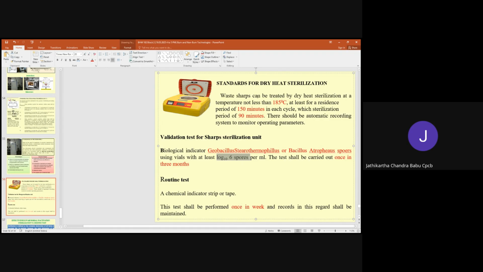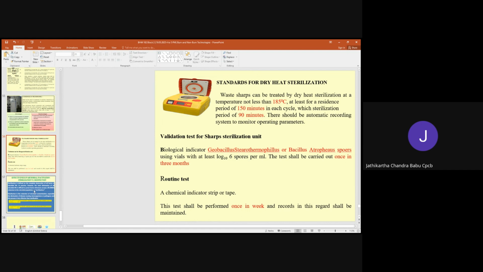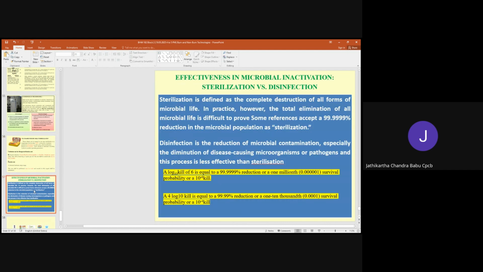Dry heat sterilization can be used only for treatment of certain waste like waste sharps, not all. Incineration can be used for treatment of highly inflammable waste, whereas wet systems like autoclave, microwave, or hydroclave can be used for treatment of plastic waste, waste sharps, and body implants.